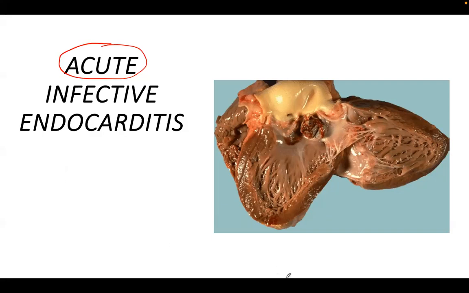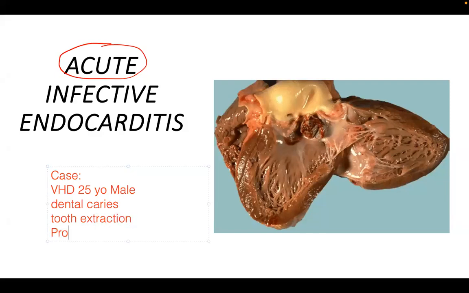Now, let me give you a clinical vignette. What if there's an example of someone with valvular heart disease? Let's just say he's 25 years old, he's a male, he has dental caries, and he is scheduled for a tooth extraction. Question: what prophylactic antibiotic would you give in this patient?